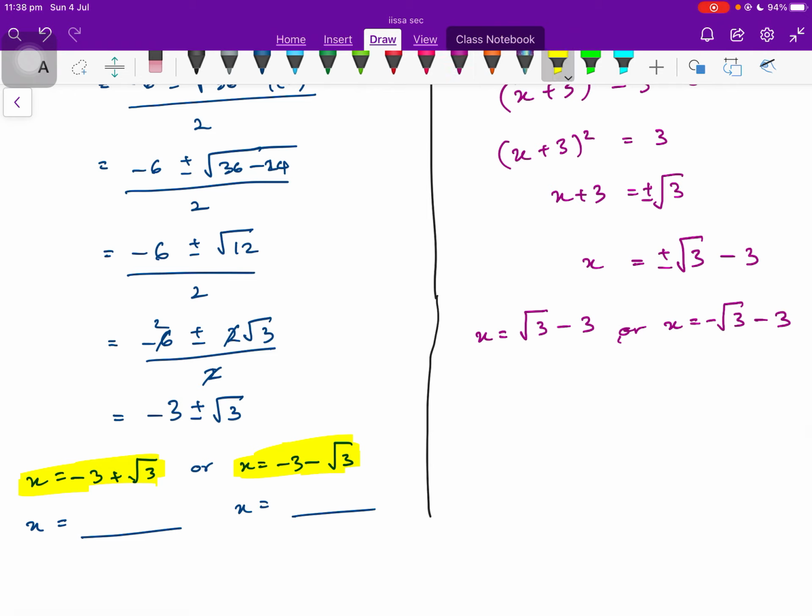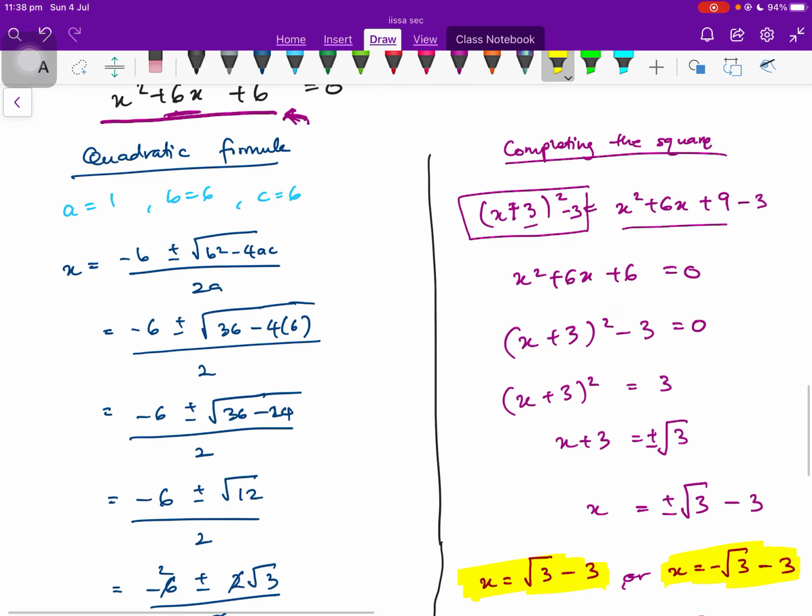Now, just use your calculator and find the answer for that. You can actually see here that we have the same answer using a different method. So use any method that suits you, but I suggest using the quadratic formula because it's much easier.